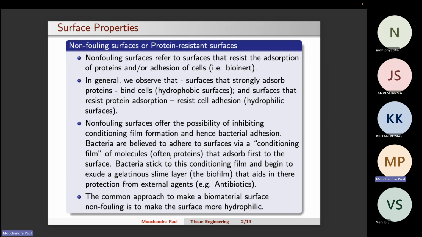So when we don't want this kind of biofilm formation on a biomaterial surface, we modify the surface in such a way that it becomes non-fouling, or resistant to cell or protein adhesion. The common approach to make the surface non-fouling is to make the surface highly hydrophilic. Note, we don't make the surface very hydrophobic, rather we make the surface very, very hydrophilic.